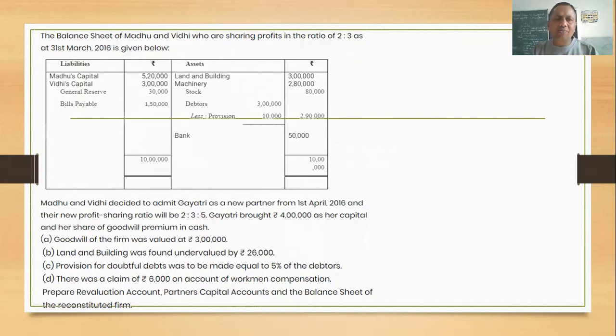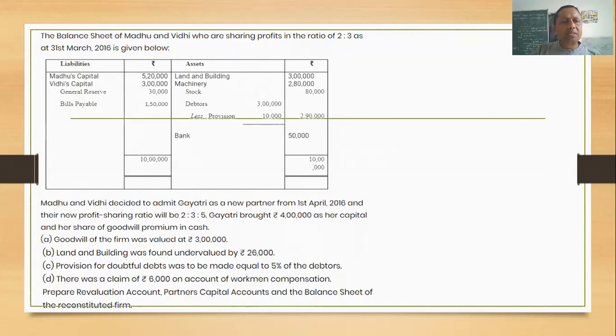When the value of an asset is increased, it is shown at the credit side of the revaluation account as land and building, 26,000.